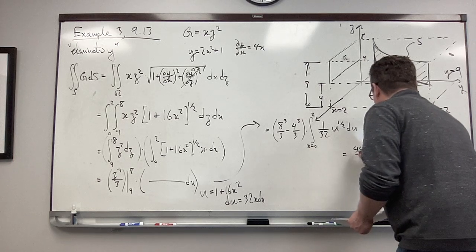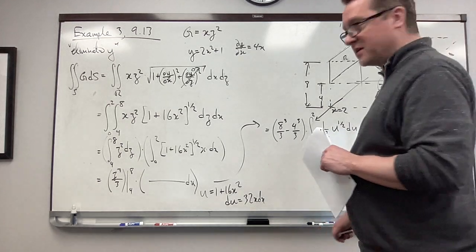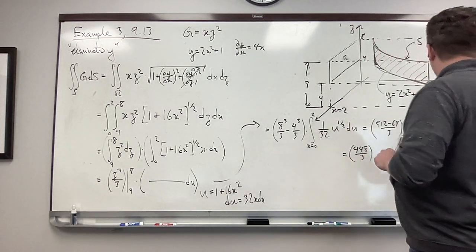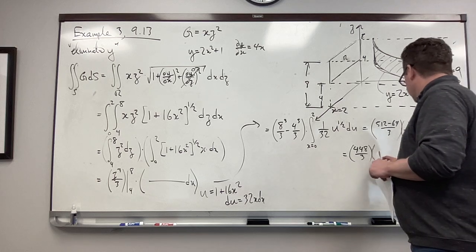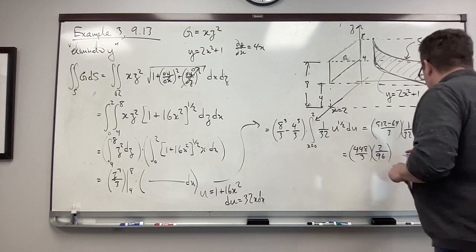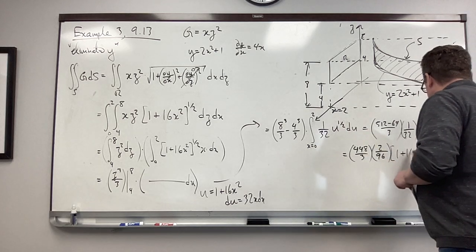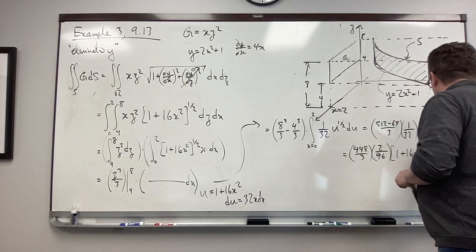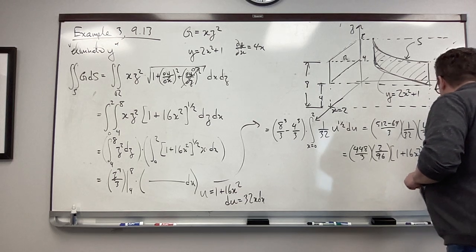Obviously, this noodling around with these numbers in front is not the most important thing in the world as part of this particular problem, so we're going to have 2 over 96. Not important. Now we'll put back the u, so we got 1 plus 16x squared to the 3 over 2 from 2 to 0.